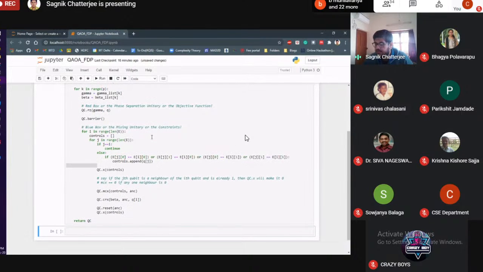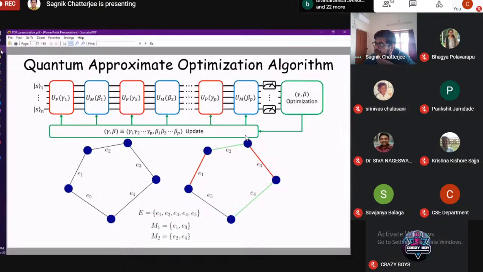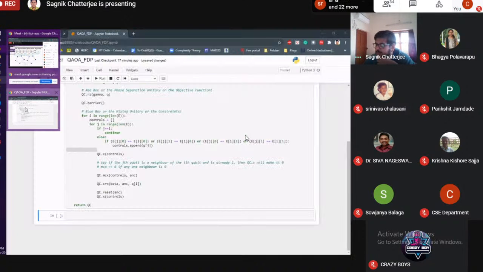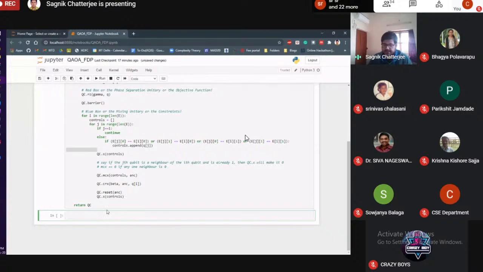So now we come to this part, the green part. We have to measure and calculate the counts or the probabilities of the output state. So let's write a function for measuring.